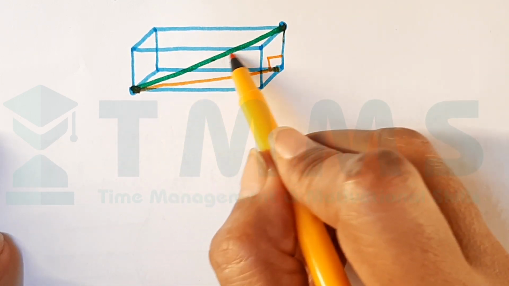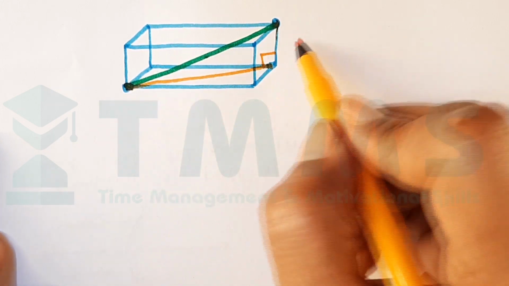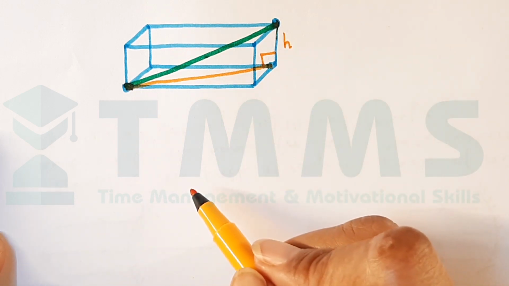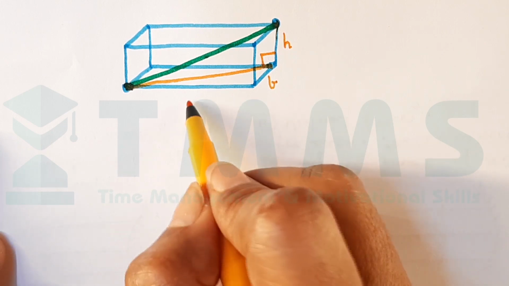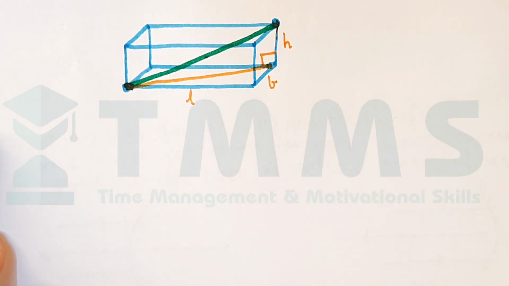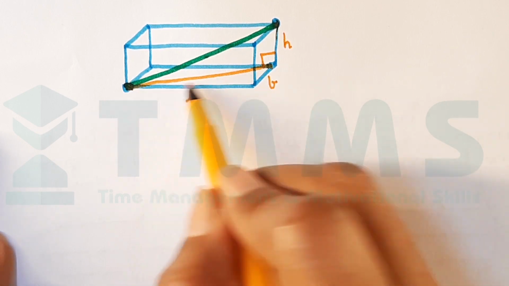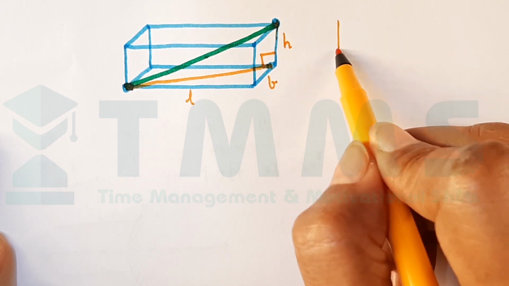So if we take this green line, that gives us this right triangle. Now, don't we know that this is the height of the cuboid? Don't we know that this is the breadth of the cuboid and this is the length of the cuboid? And so, if you look at this length, the yellow, I'm just showing this surface over here like so.